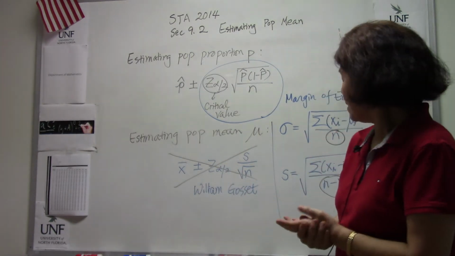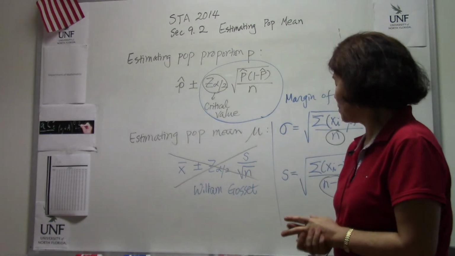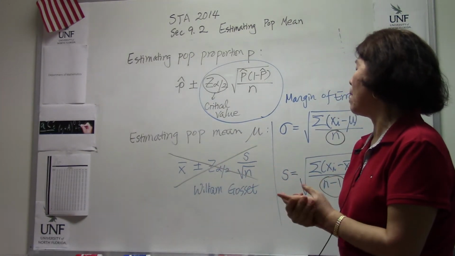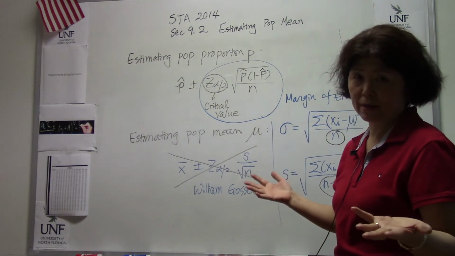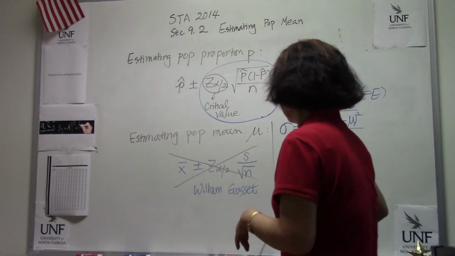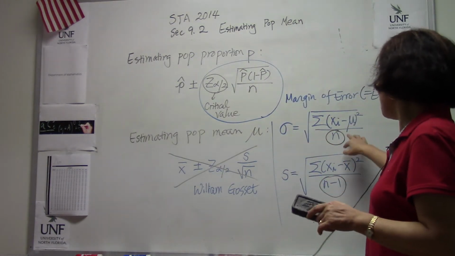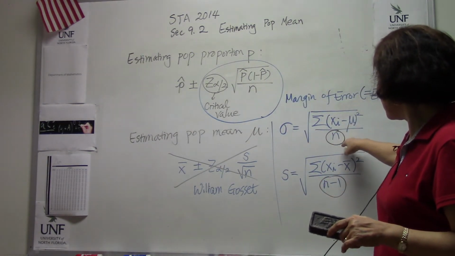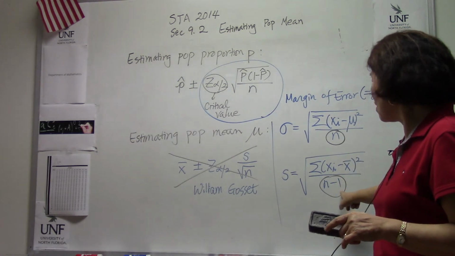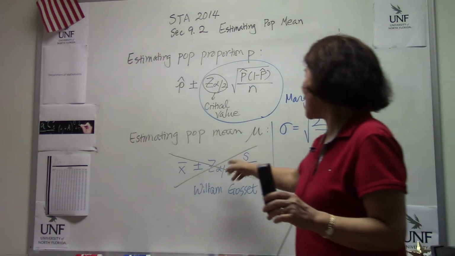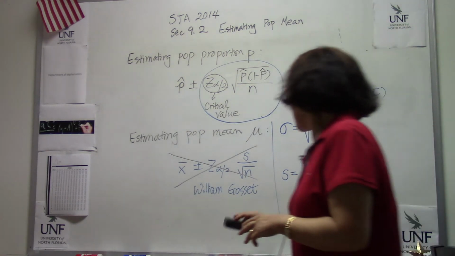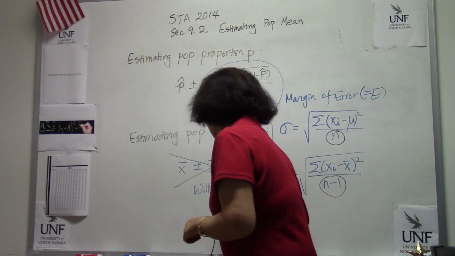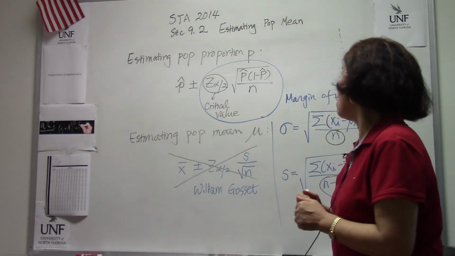He experimented, and for some reason he wanted to find the population mean, and he didn't seem to find the correct one. Here is the problem: he realized that the difference between n and n minus 1 means that z is not going to be available. So William Gossett wrote a paper on that.